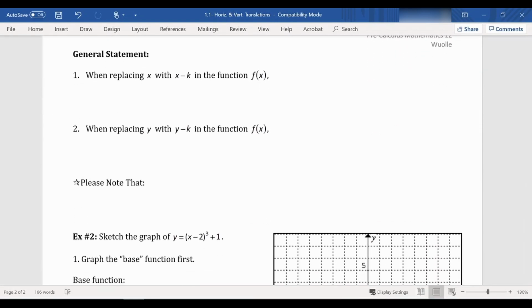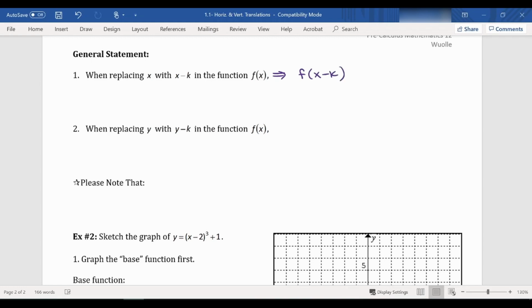So our general statements for any sort of moving left, right, up, down. If we replace x with an x minus k in our function, it's going to look like f of x minus k, meaning it's inside the function with the x.